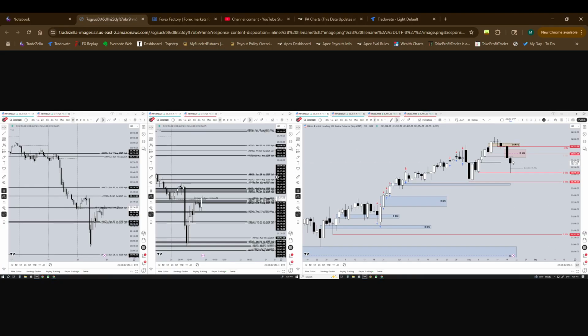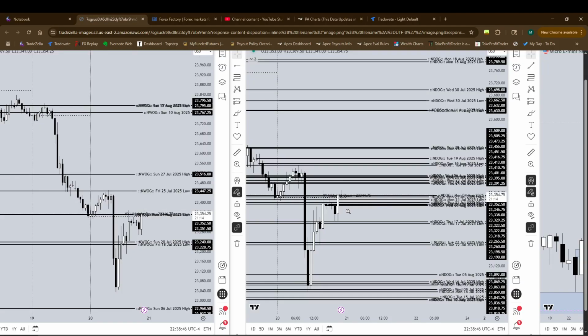Another thing I forgot to mention was this new day opening gap chart. Just look at the respect to this clustering of discount new day opening gaps from 23.92 all the way to about 23.59. Look how price respects that. And from right here to the lowest new day opening gap, price literally wicks in the center of that CE level and then trades higher from there.